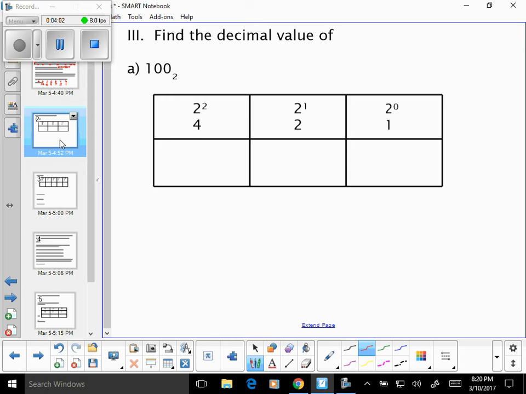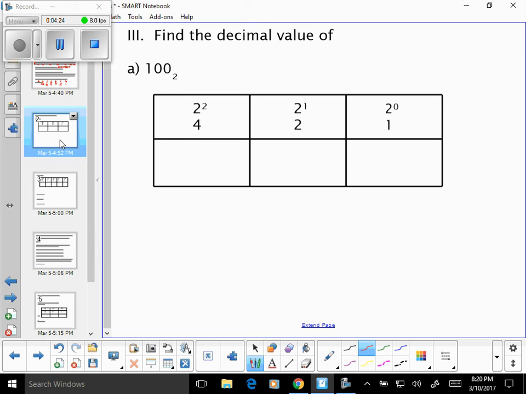Okay, let's start in here. 1, 0, 0. A 1 means I have that place value. A 0 means I don't have that place value. Don't get thinking that this is 100 in base 2. This is 1, 0, 0 in base 2.